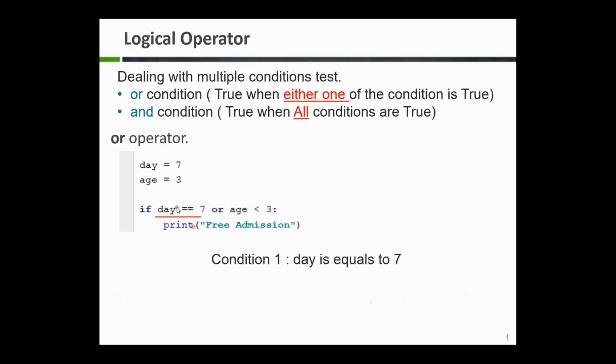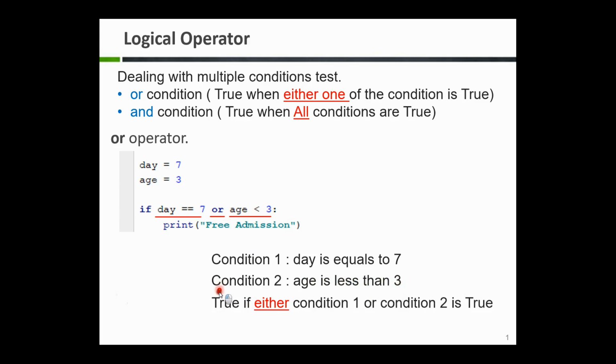The first test condition is day equals 7, and the second test condition is age is less than 3. The OR operator returns true when either condition 1 or condition 2 is true.